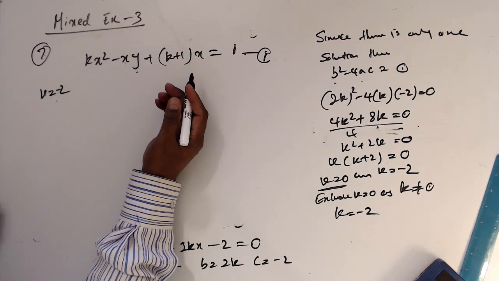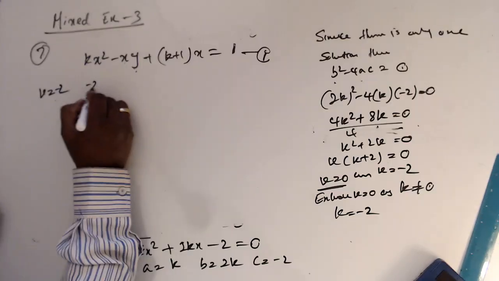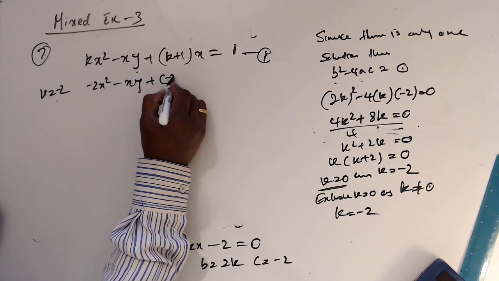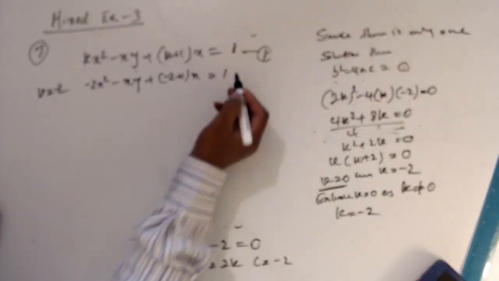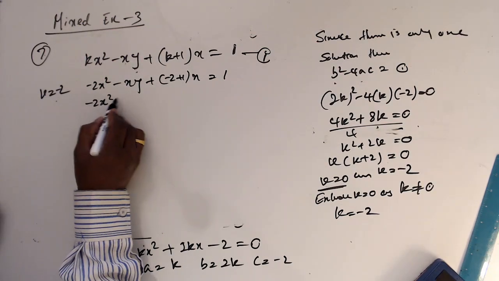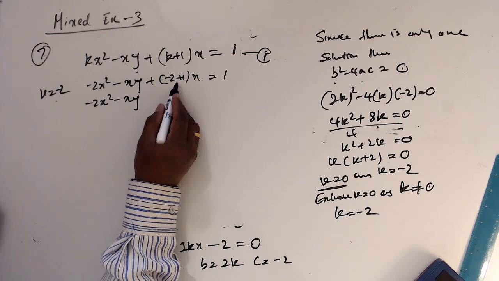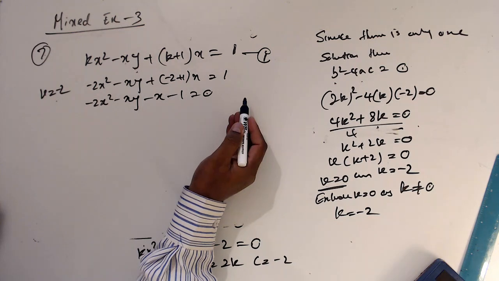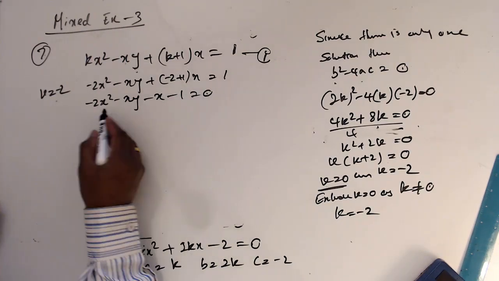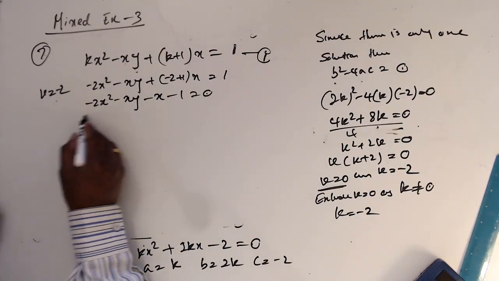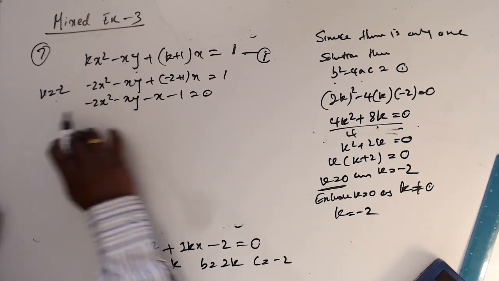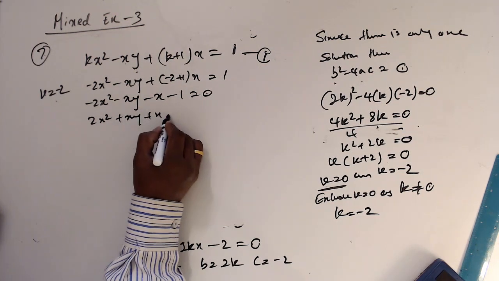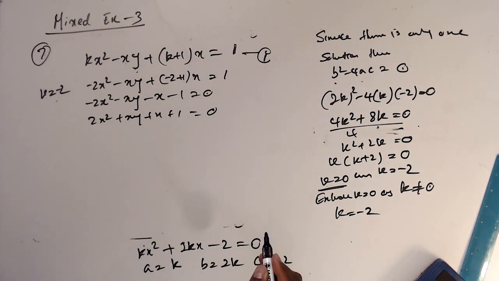Curve means a quadratic equation we need. So minus 2x² minus xy plus (minus 2 plus 1)x equals 1. So minus 2x² minus xy minus x minus 1 equals 0. I'll bring to the left side, multiply by minus, or take everything to the right side, you will get 2x² plus xy plus x plus 1 equals 0.